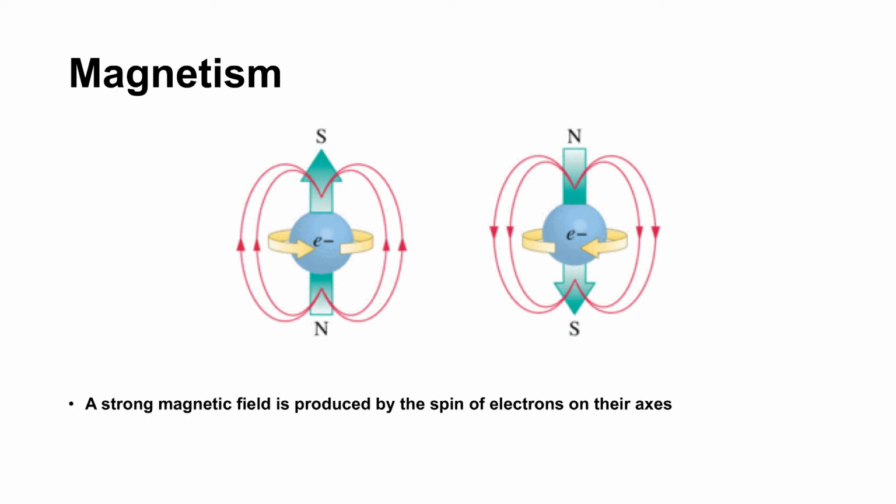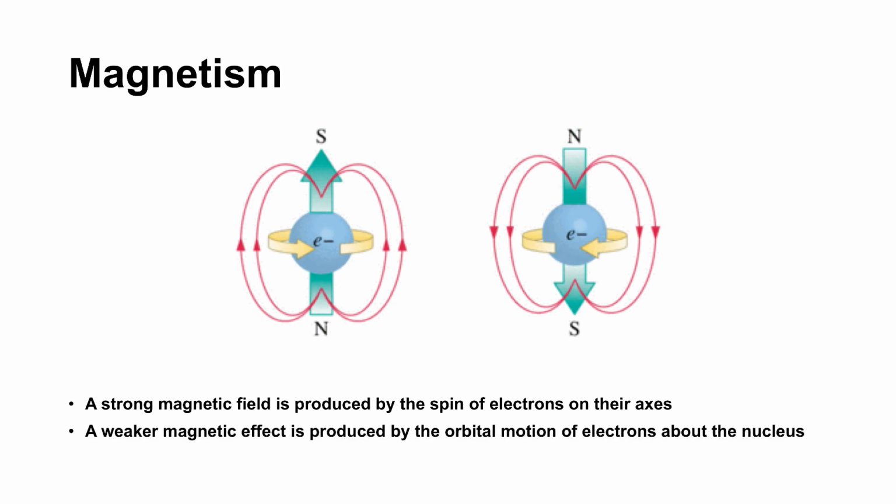So a strong magnetic field is produced by the spin of the electrons on their axis, which is what this diagram shows. Now a weaker field effect is produced because the electrons move around the nucleus as well. Again, if the electrons move counterclockwise around the nucleus, then the orientation of the field would be up.